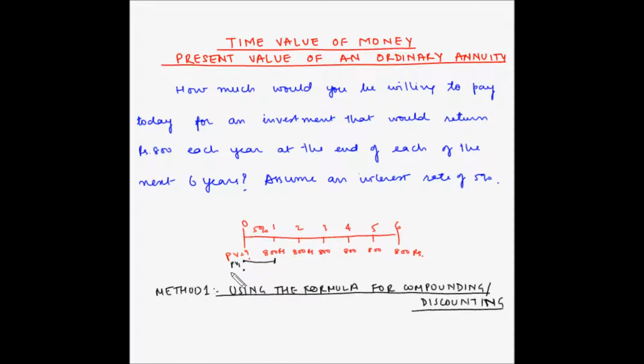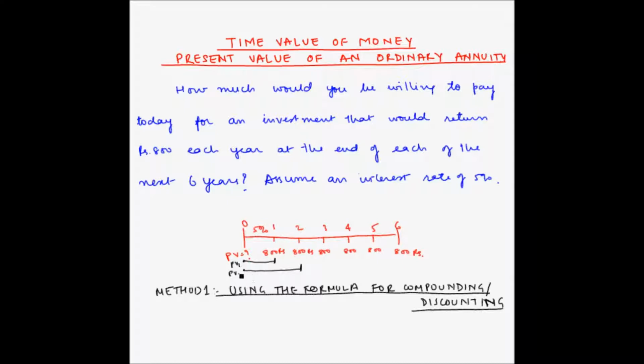The second component, let's say this is PV2, gets converted into 800 rupees in 2 years at an interest rate of 5% per year. Similarly, PV3 will get us 800 rupees at the end of 3 years at 5% interest per annum.